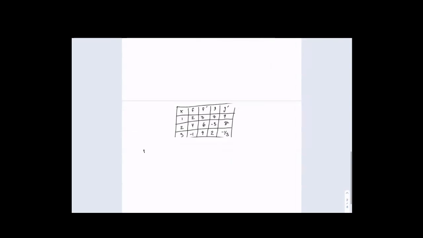In this example, I'm actually going to do a whole tangent line. I want to find the equation of the line tangent to h of x at x equals 4.